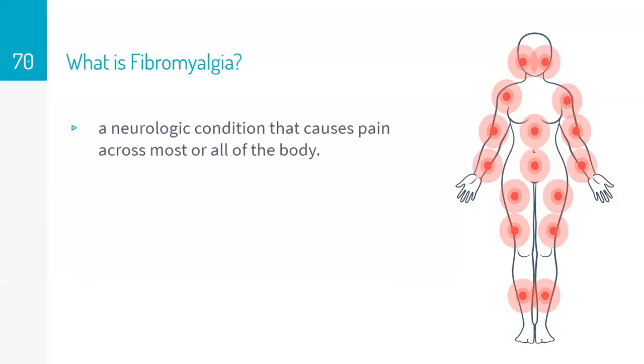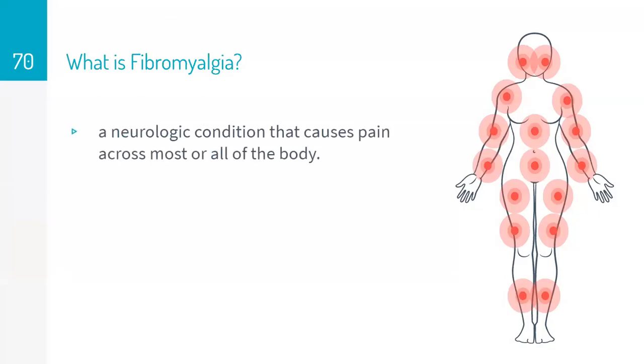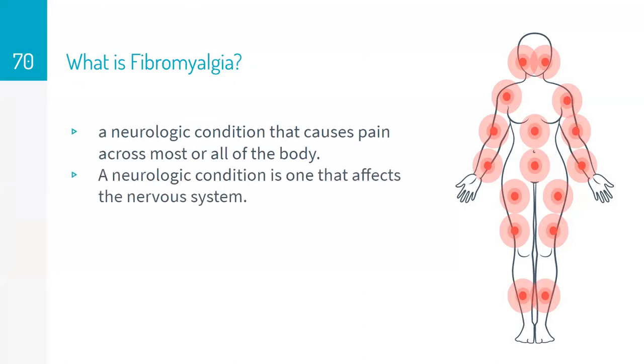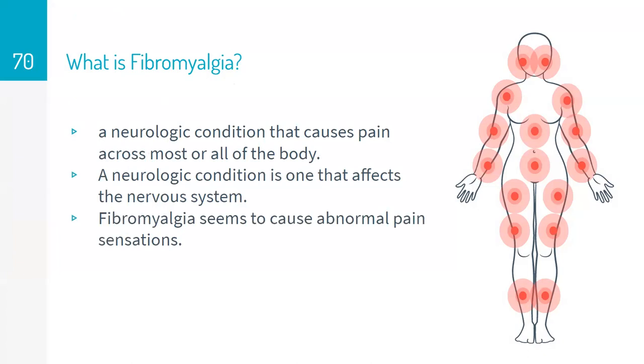What is fibromyalgia in comparison? It's a neurologic condition that causes pain across most or all of the body. And that basically means that your nervous system is affected, your brain, your spinal cord, and all your nerves.